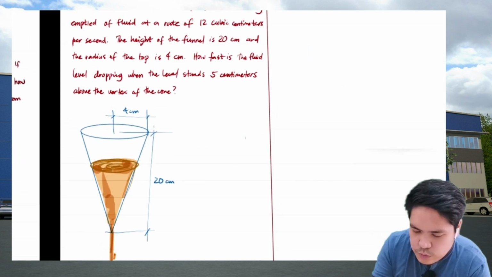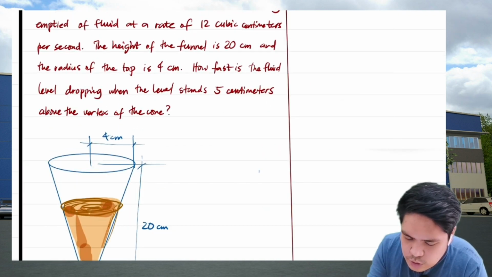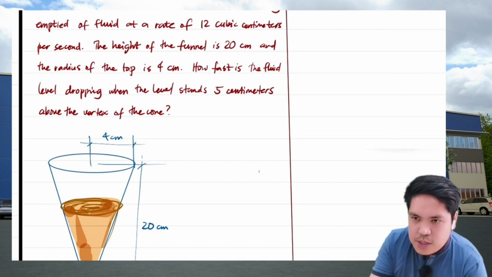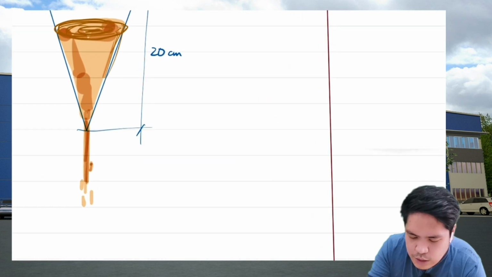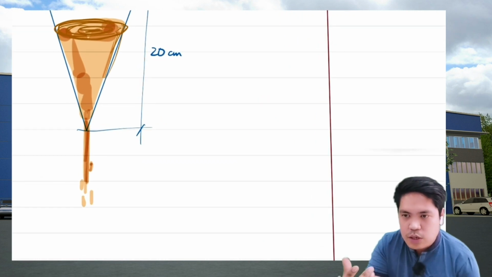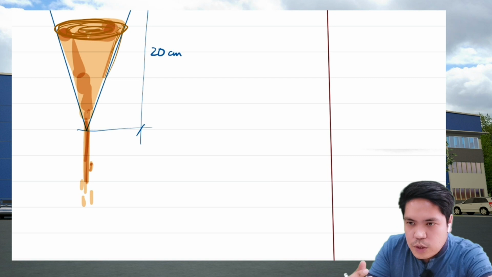So it says here, it is emptied of fluid at a rate of 12 cubic centimeters per second. Meaning the fluid inside the container, which is a cone, is leaking out at a rate of 12 cubic centimeters per second.